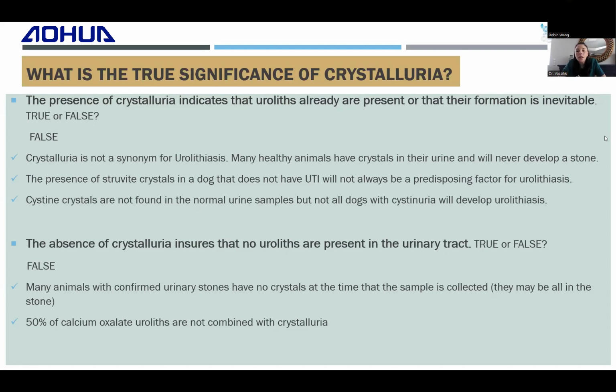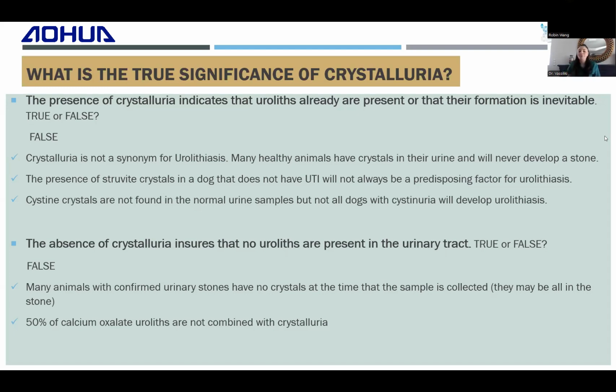So we might have cystinuria, but not every dog will eventually develop cystine uroliths. So this is a false statement. Whenever you see crystalluria in your urinalysis, it doesn't necessarily mean that this dog will eventually progress to forming urolithiasis. Okay, let's go to the second one.